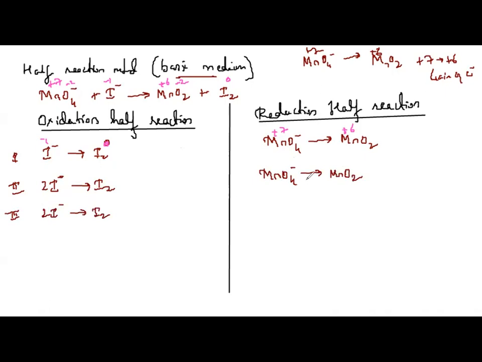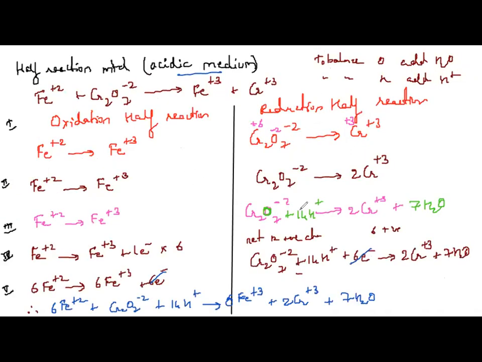To balance oxygen atoms, since it is a basic medium, what we had done in acidic medium, you can see here, we had added water molecules to balance oxygen, and to balance hydrogens, we had added H+.